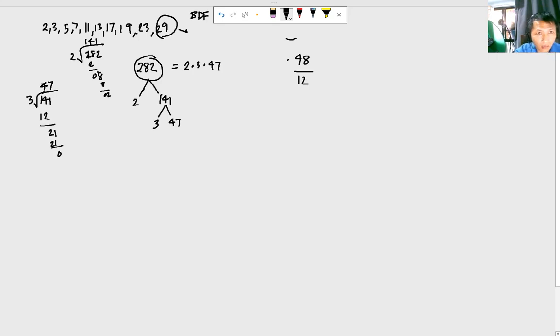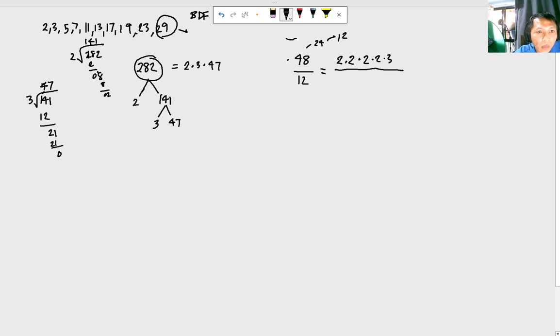You can, of course, divide it, but you can express it in terms of prime factors. 48 can be divided by 2, so that would be 2 times 24. 24 can be divided again by 2, so you have 2 and that is 12. 12 can still be divided by 2, and that is 2 again. So that would be 6, and 6 can be divided by 2 and 3. See? It can be expressed by prime numbers.